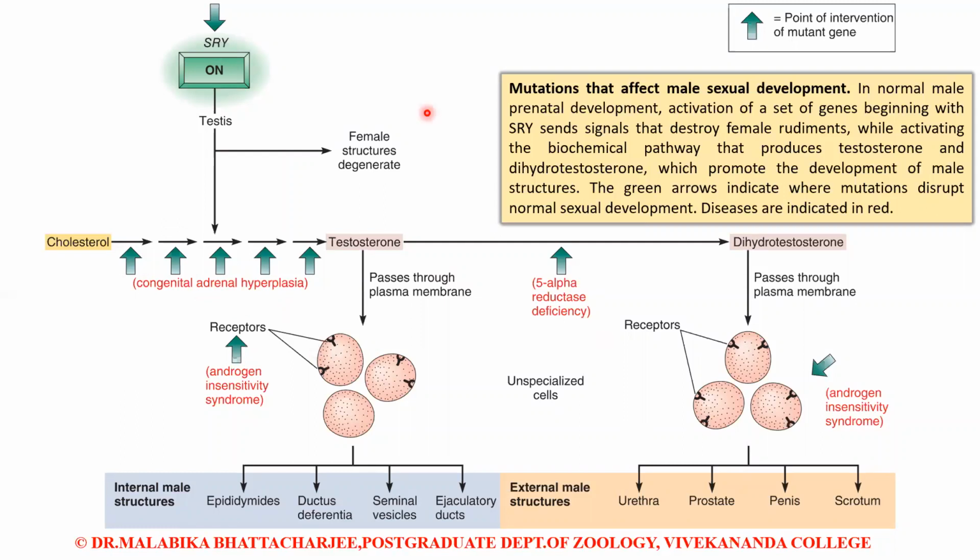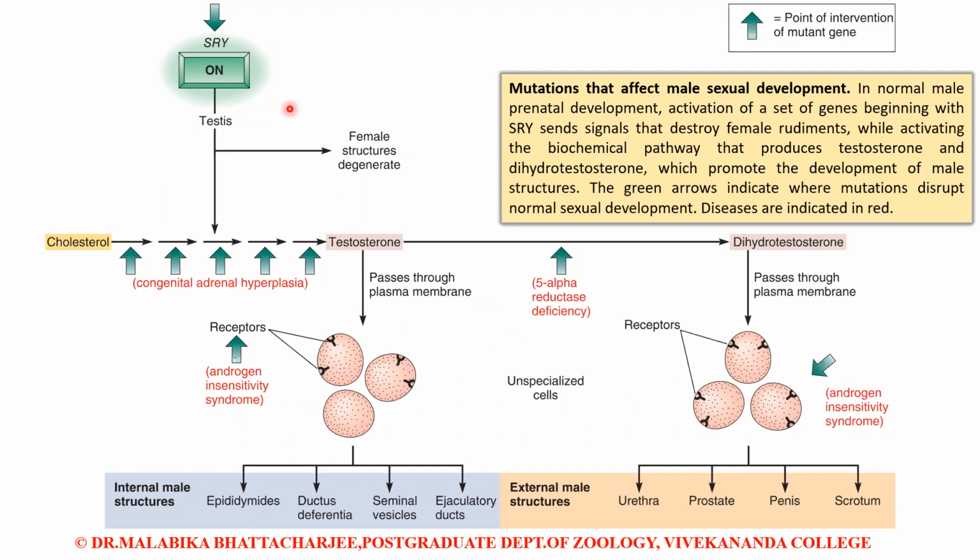So in summary, this is actually how the Y chromosome initiates the cascade of male sex determination in case of humans. So the default fate, again I'm repeating, of the embryonic gonads is to become a female.